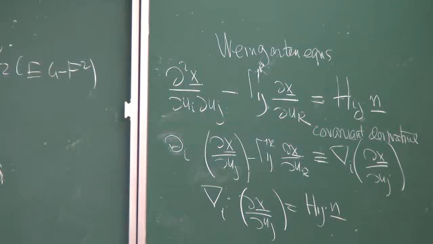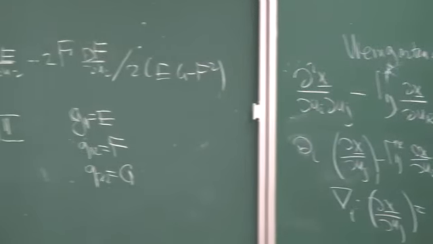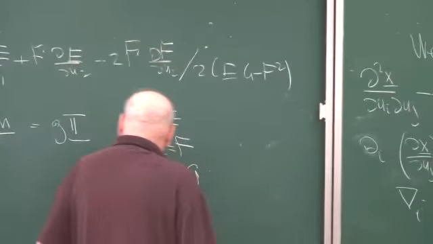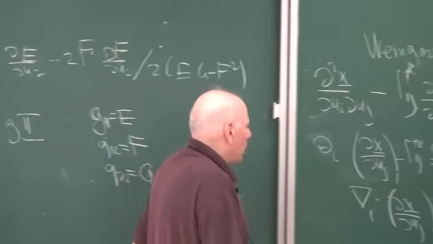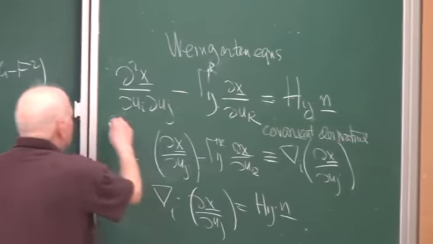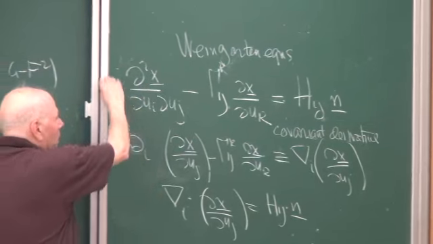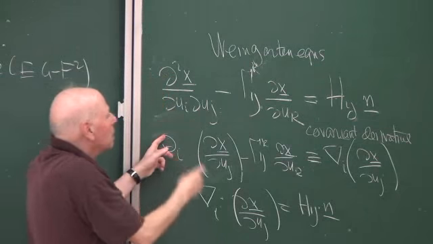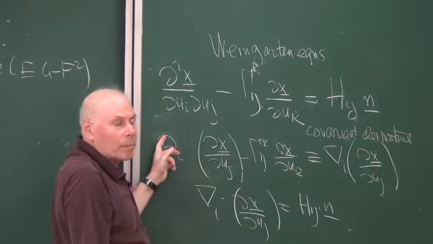Now, what is the Gauss-Codazzi equation? I said we equate cross partials. If we equate cross partials, what are we going to do? We're going to take partial derivatives here, then subtract off partial derivatives there, and set them equal to each other.